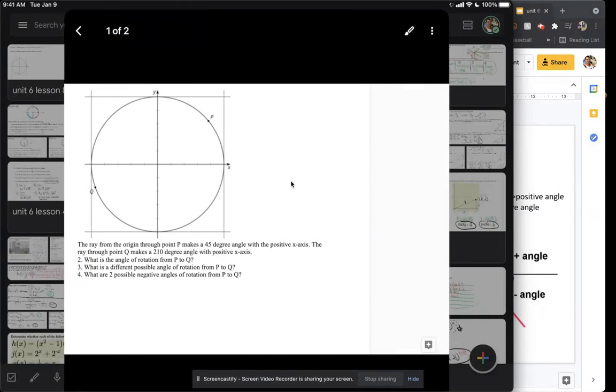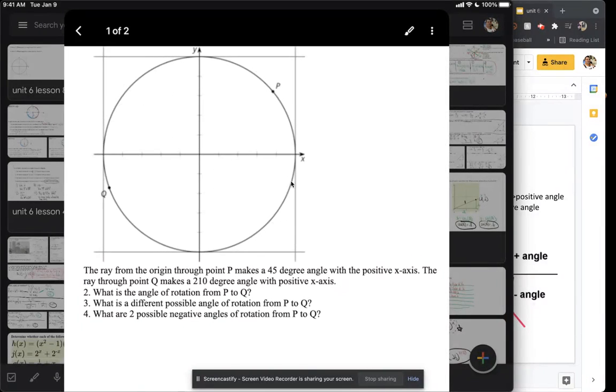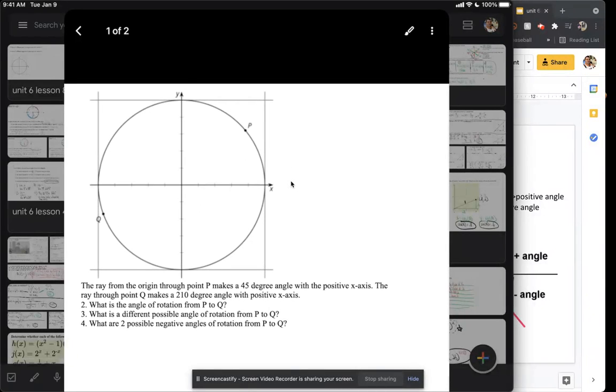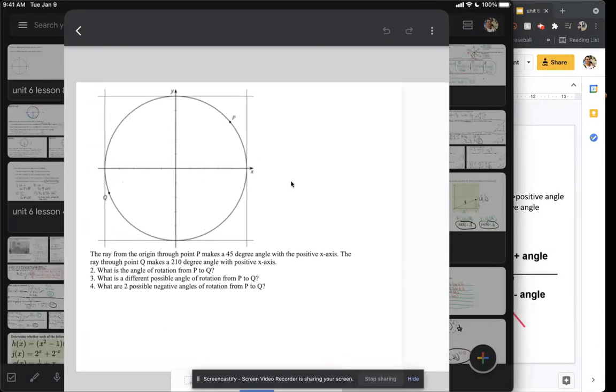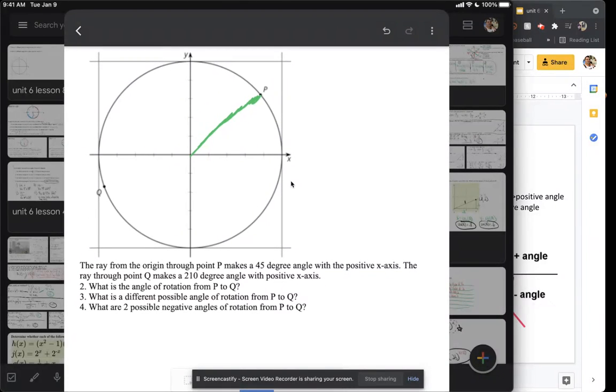Number 2, okay, the second set of examples here. So the ray from the origin through point P, so let's draw a line from the origin to point P, okay, makes a 45-degree angle with the positive x-axis.